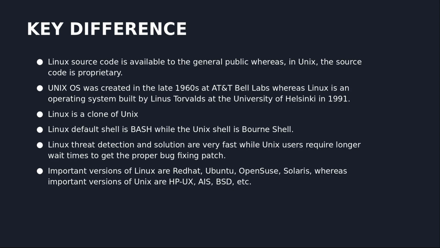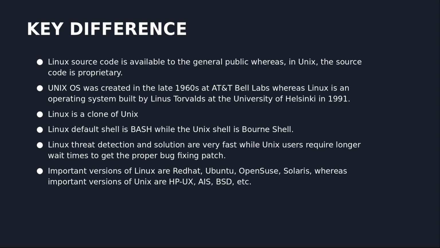Linux can detect threats and come up with solutions very fast, while Unix users have to wait longer to get the proper patch for the bug. Since, as I described, it works like the internet and different stations, it is more complex, so this is expected.